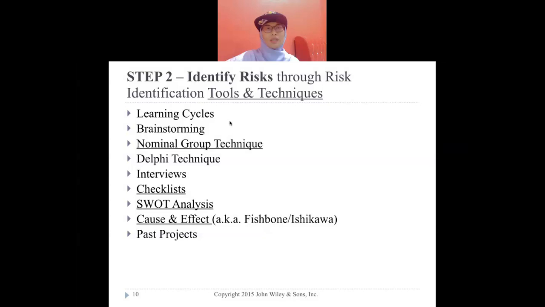To identify the risk, not only do we have the framework just now, we also have tools and techniques for how to identify it. First one, learning cycles, the lessons learned that you learn in the process. So something like that, a learning cycle. Brainstorming: after the previous project is done, you need to have a postmortem, right? So you brainstorm.